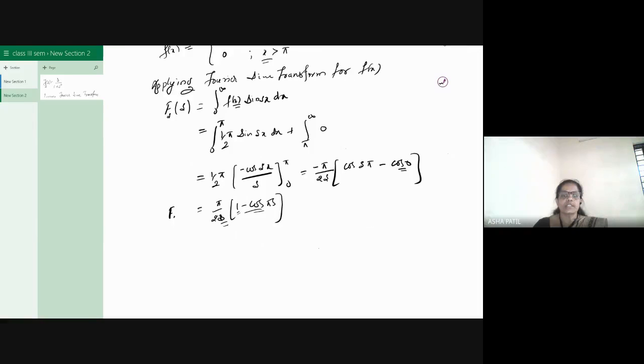Once we have got this Fs of s, apply the inverse Fourier sine transform. So f of x is equal to, applying the inverse formula, what's the constant term here?